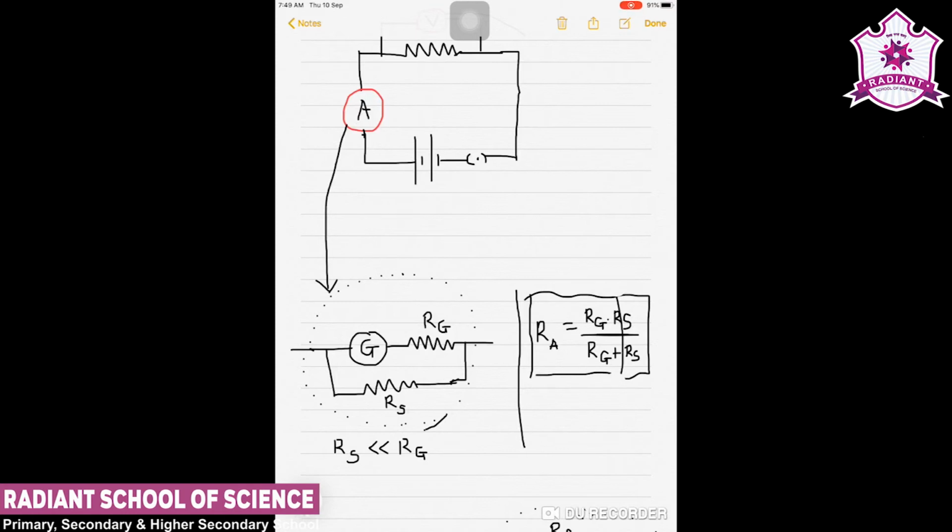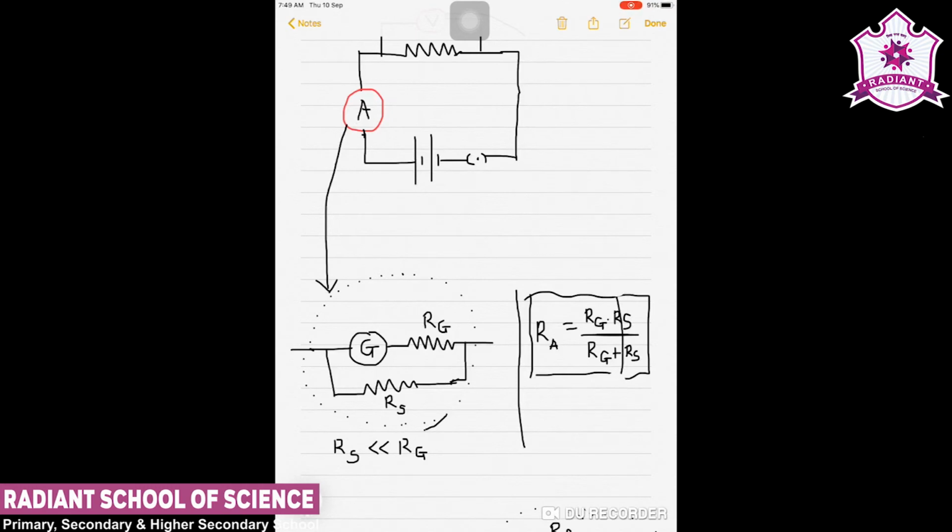Now again, what is the value of the resistance Rs? One more thing is that in this arrangement, when we calculate the value of Ra, the actual value of Rg is cancelled out, and Ra, that is the shunt value, is our resultant resistance, or the resultant resistance will be very near to that shunt value.